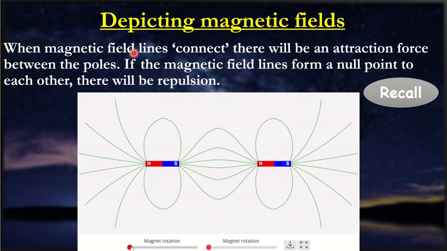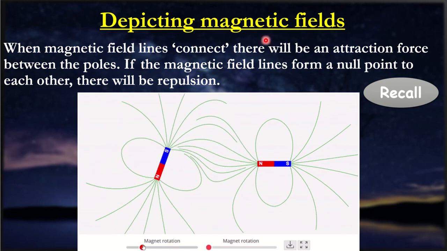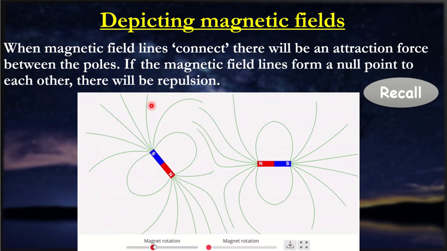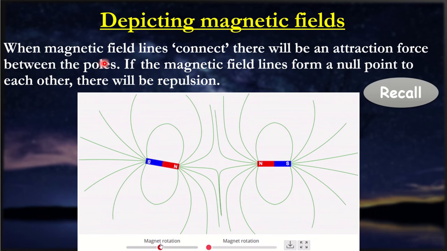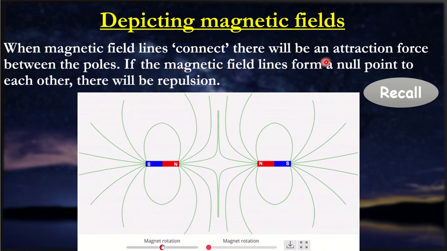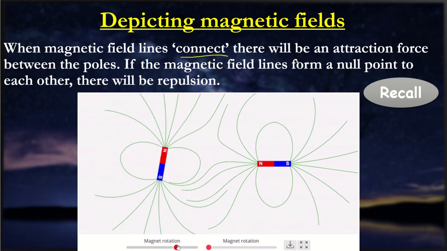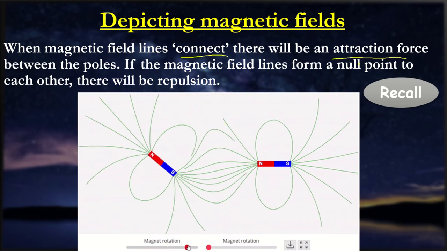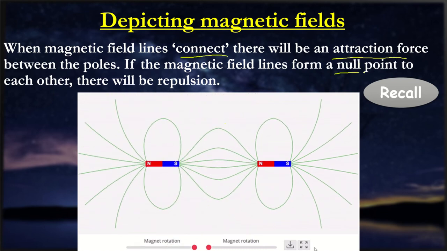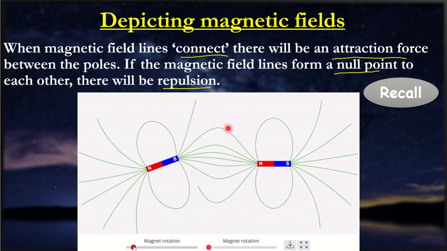All right, the next bit we can talk about is depicting magnetic fields. If you recall, we said that when magnetic field lines connect, they represent an attraction. So when there is a connecting of magnetic field, we have an attraction force. If there is a null point though, we have a repulsion. So here in our example, that is an example of an attraction.